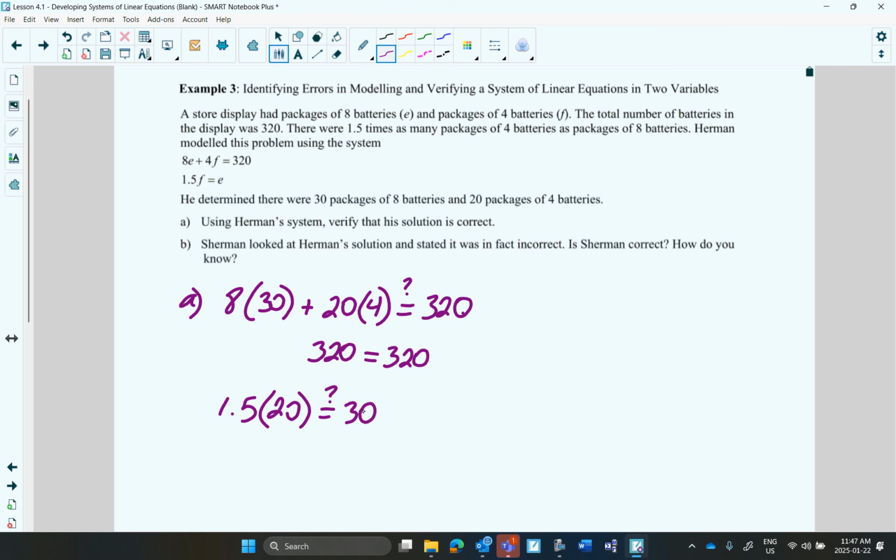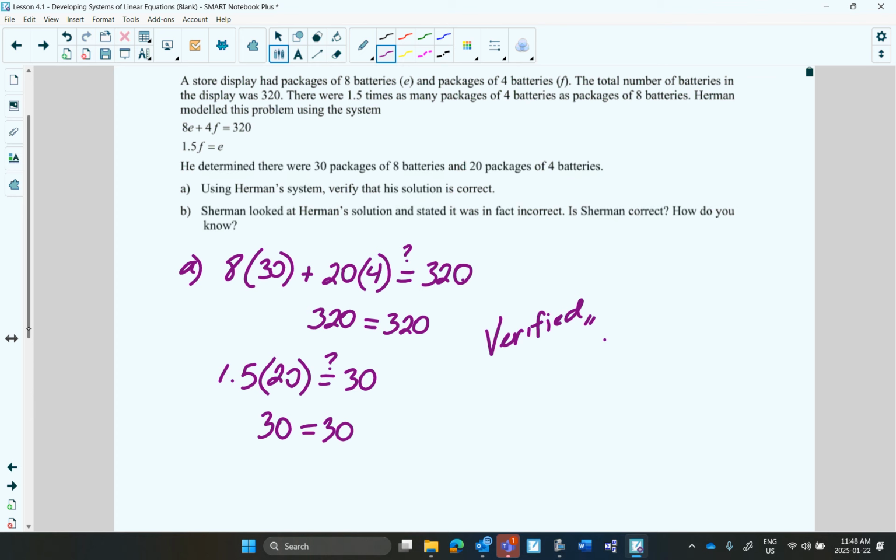Well, 1.5 times 20 does work out to 30. So that works. So it seems like everything's good. But Sherman came along and said, no, you're wrong. Question is, who's correct?